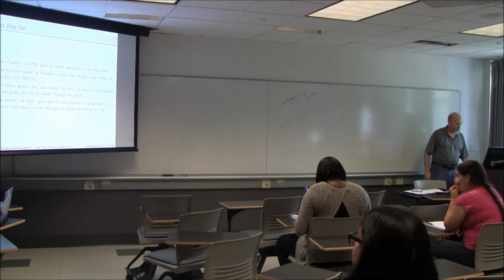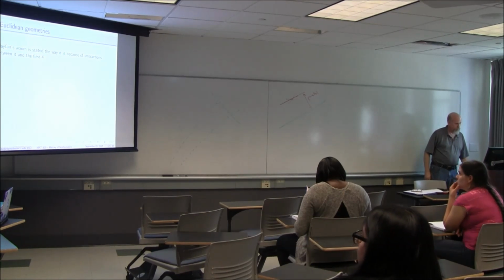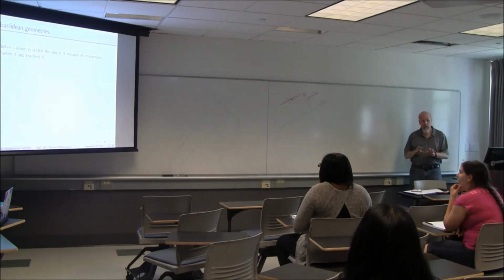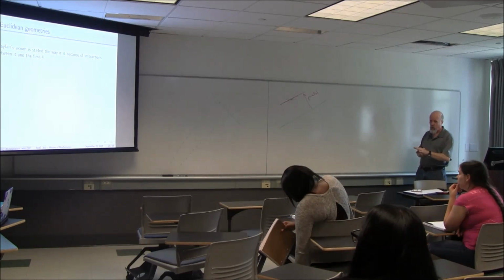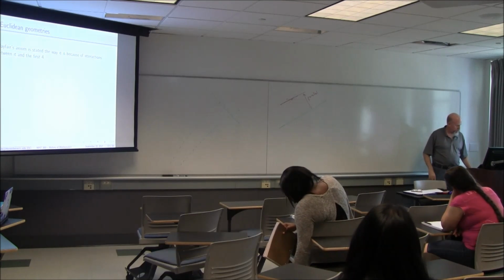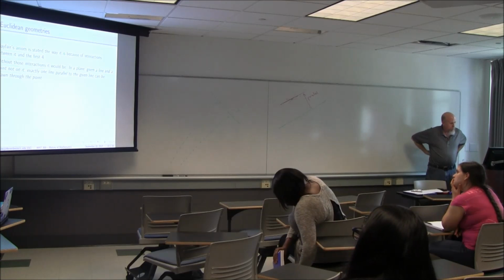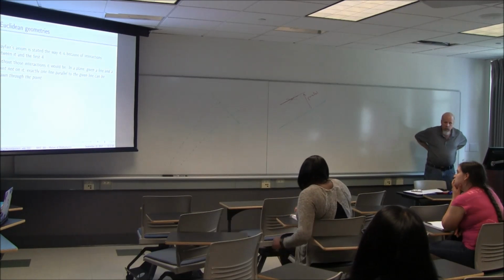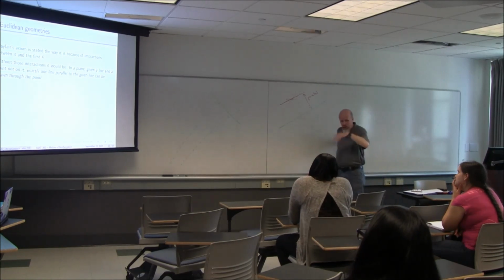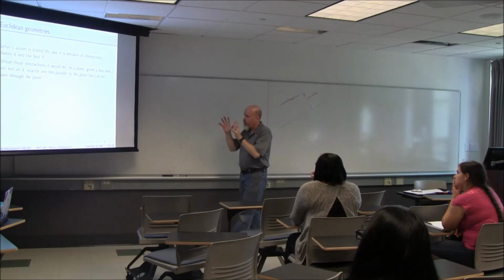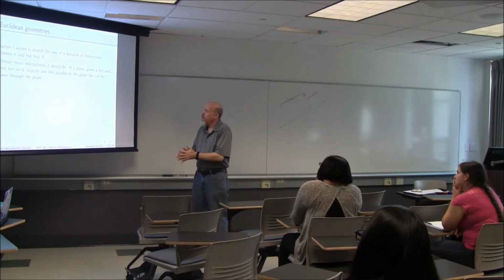So there are some interactions, and this is saying that Playfair's axiom and the first 4 are not entirely independent. The version I want to think about is axiom 5 by itself, formulated the way Playfair would have us do.